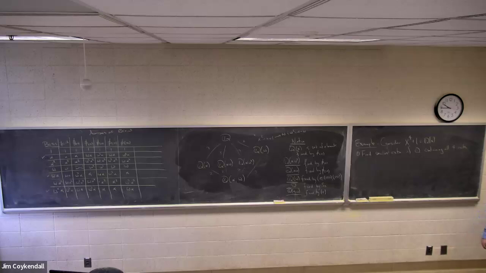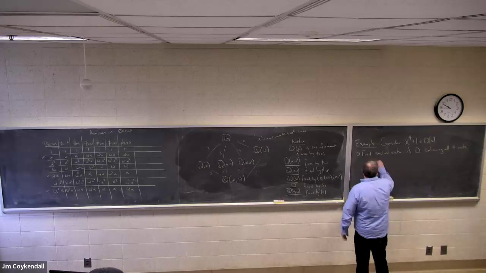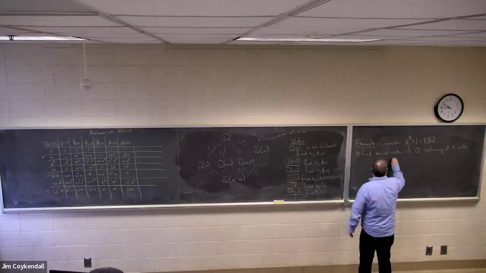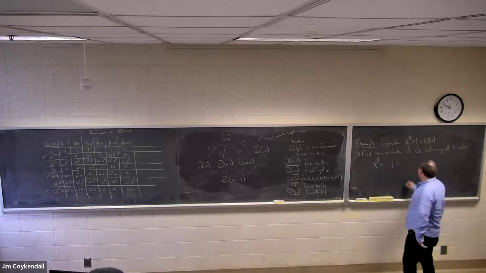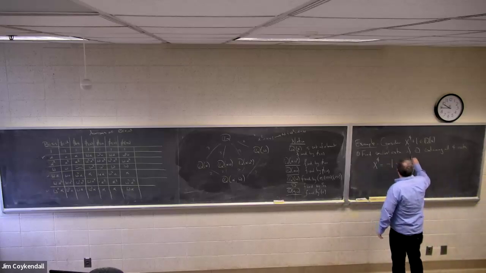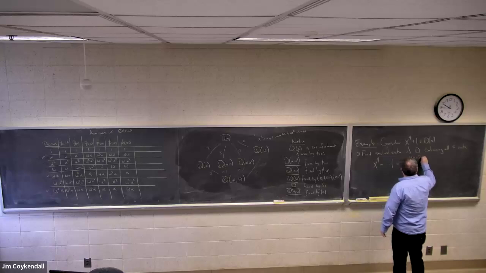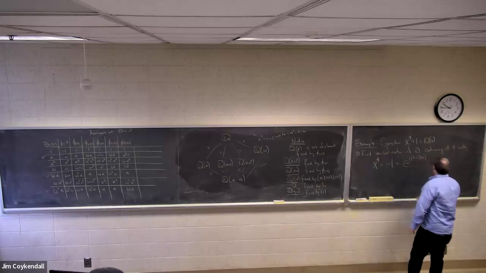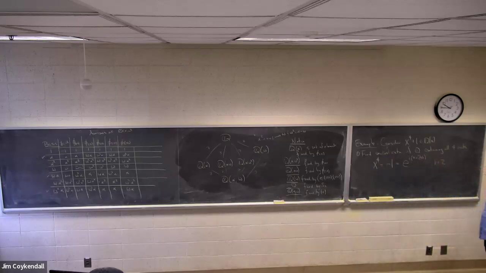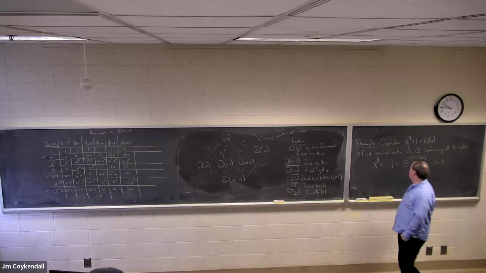Right, well, let's figure out, in this particular case I can actually figure out what the roots are. x to the 4 is minus 1, which in this notation is e to the i pi.